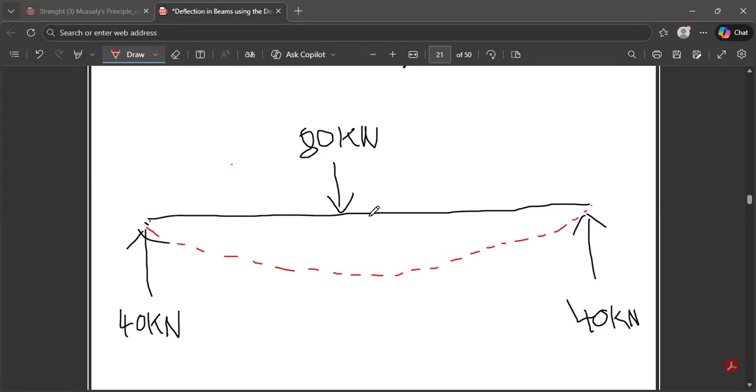At the end of the day, you see from here to here is our y, which is equal to minus 7.9 mm.